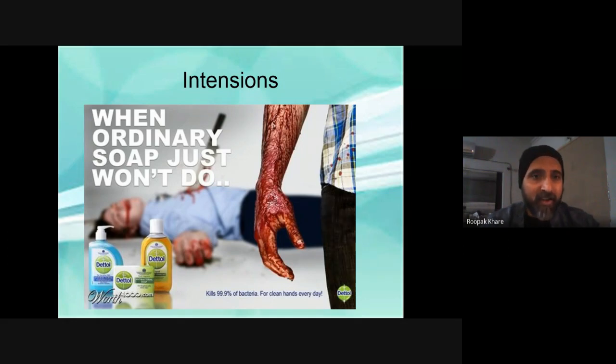What does it read? "When ordinary soaps won't do." What does it mean? There are instances where there are stains of blood or stains of things which cannot be cleaned. In such situations, only Dettol products will help you get it clean. Now, what is the intention?